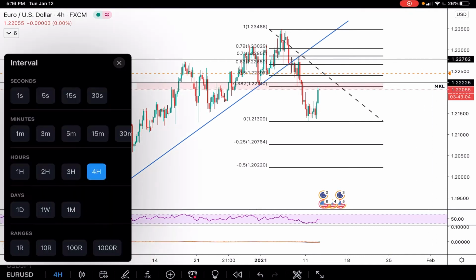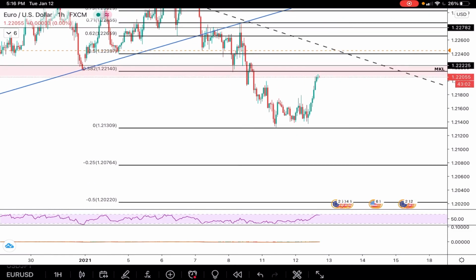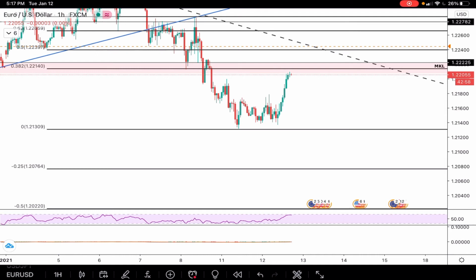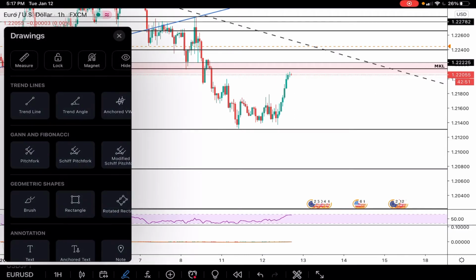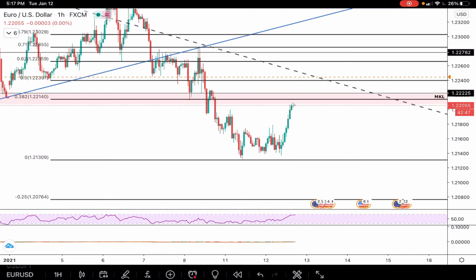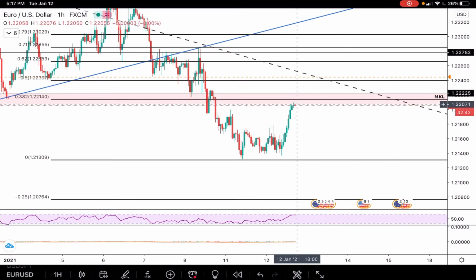So breaking it down on a 1 hour, you can kind of see where there was a big bullish momentum going on here. Just all bullish action right here. And it's starting to, there's a doji right here. You can kind of see right at this area where we just set our golden zone or red zone per se, since it's red.